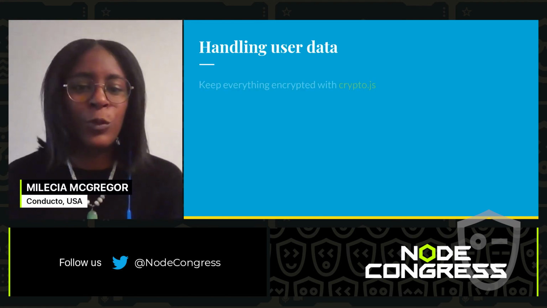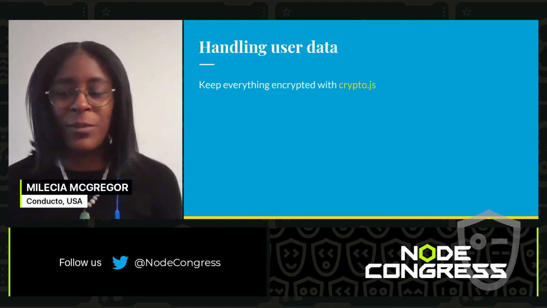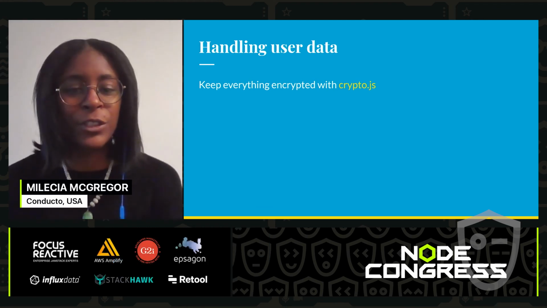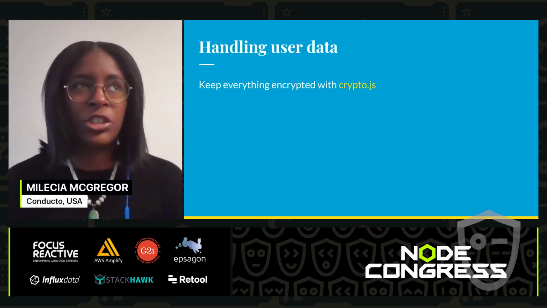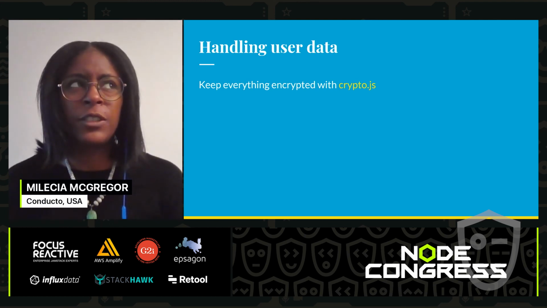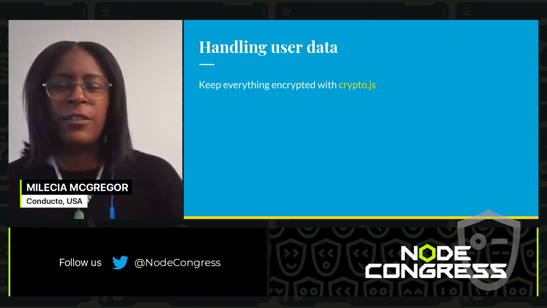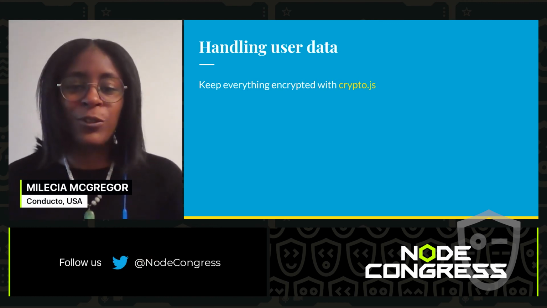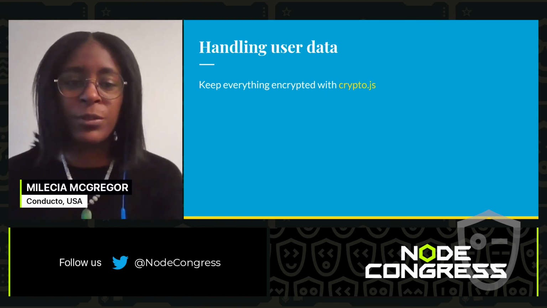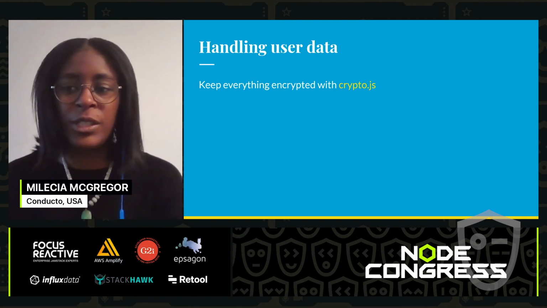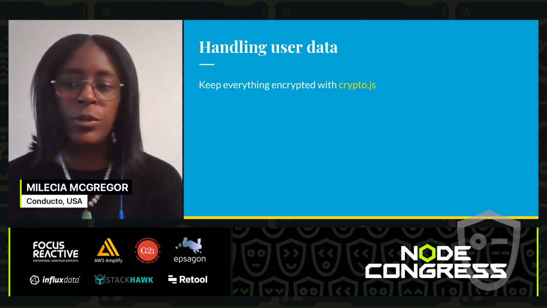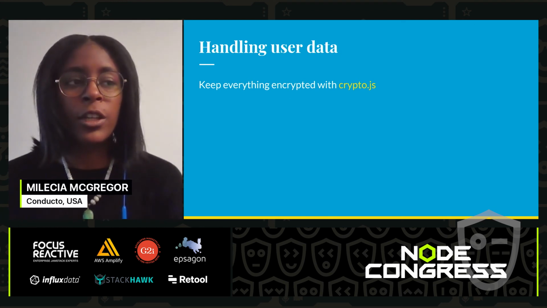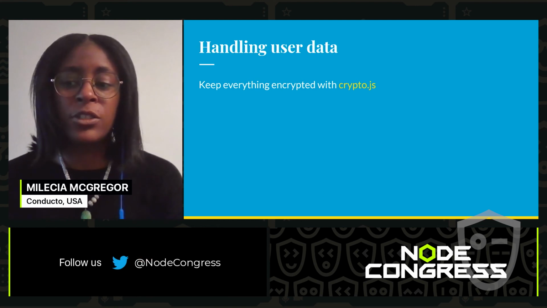And then when it comes to handling user data, earlier I was talking about making sure everything was encrypted. Well, use crypto.js. This has SHA-256. It has MD5, whichever thing tickles your fancy. Crypto.js has something that you can use to encrypt your data. And again, we do this because during those moments from the server to the client, anyone can intercept that response or that request.